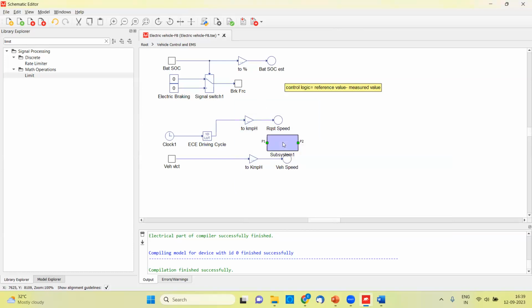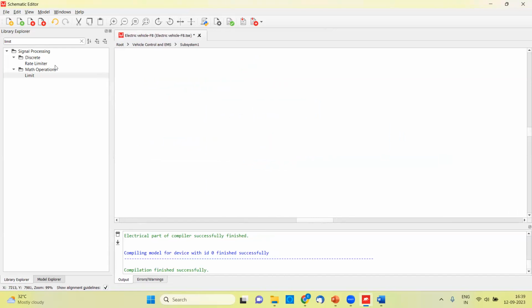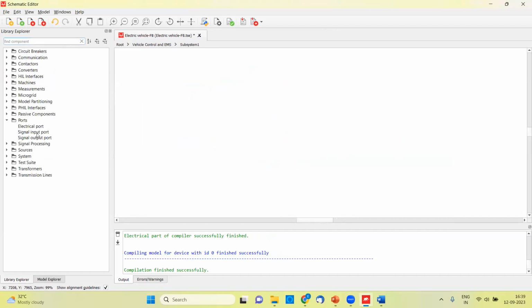I have taken the subsystem. Inside this subsystem, we will have two inputs and one output. So I will enter the subsystem and delete this. Then I'm going to go into the ports, signal input port. Two inputs will be there.